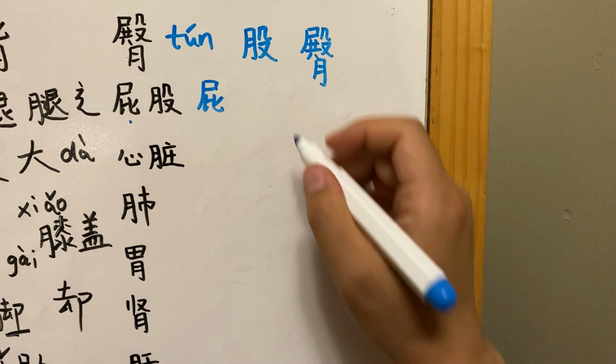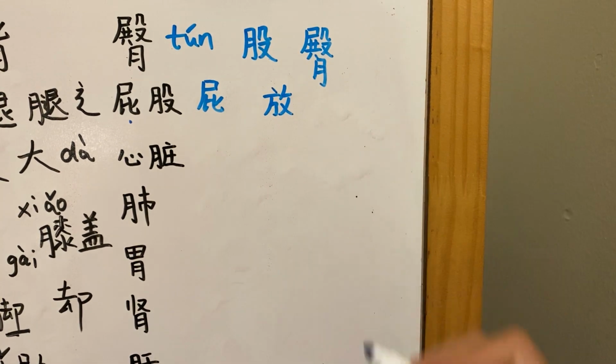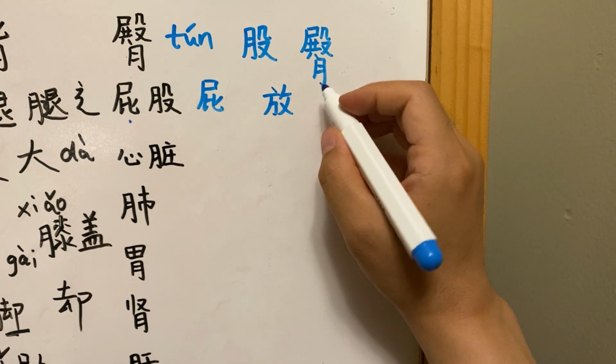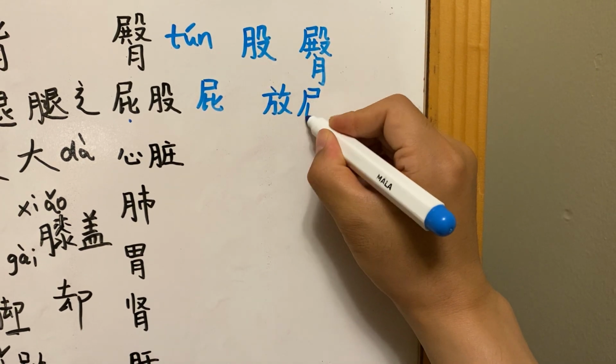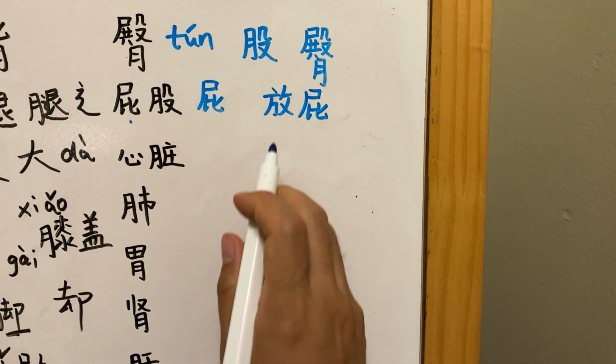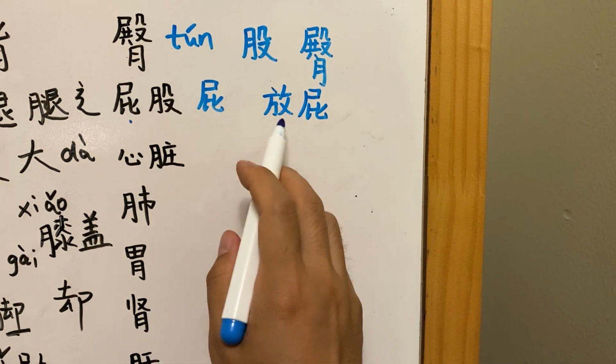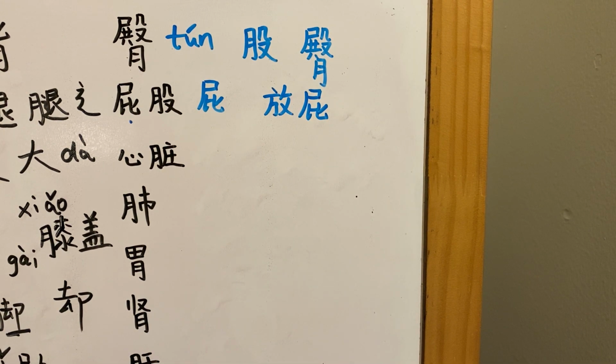I will write this one here. 放 means to let something out. 放屁. This is a phrase, fart or bullshit. If you translate this word, 放屁, it means bullshit. If you explain this word, 放屁, let the fart out.